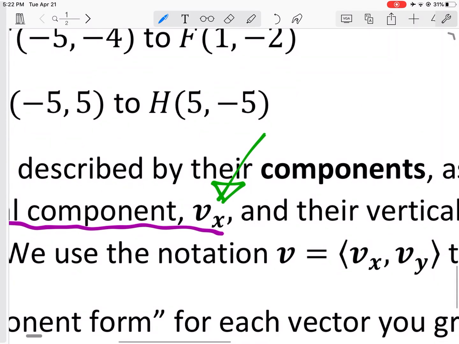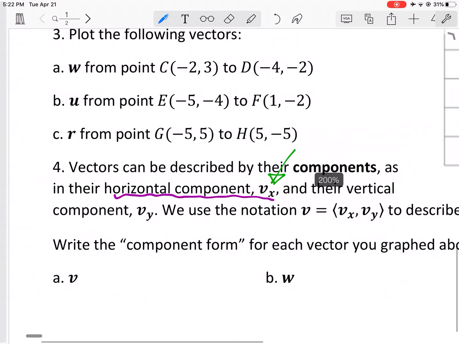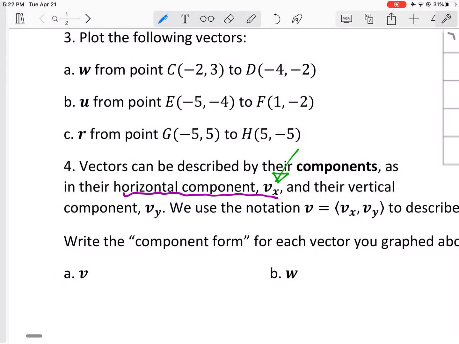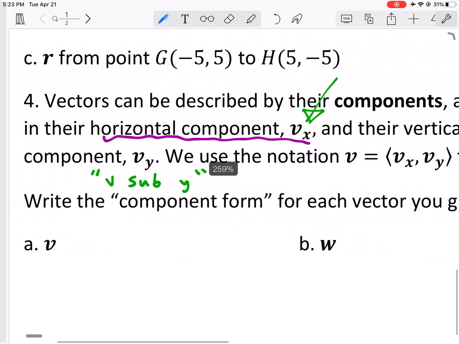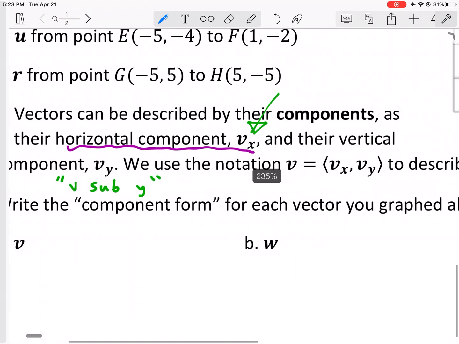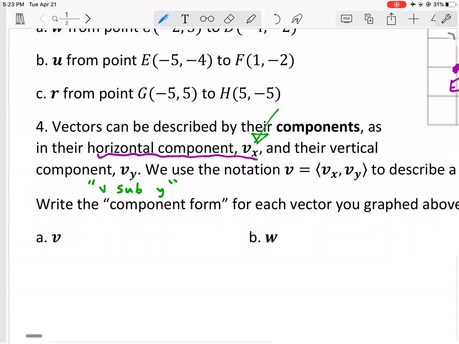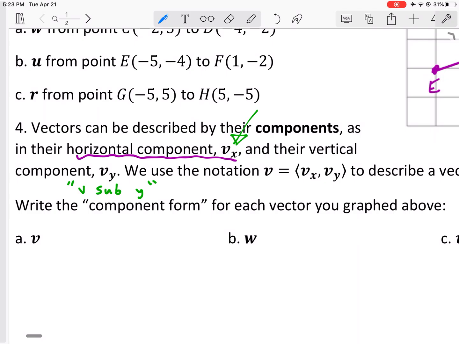It's horizontal in the x direction, so we put a little x there. And their vertical component, v sub y. Just to specify that language, it's often read as v sub y, because it's a subscript. What it means is the vertical component in the y direction.